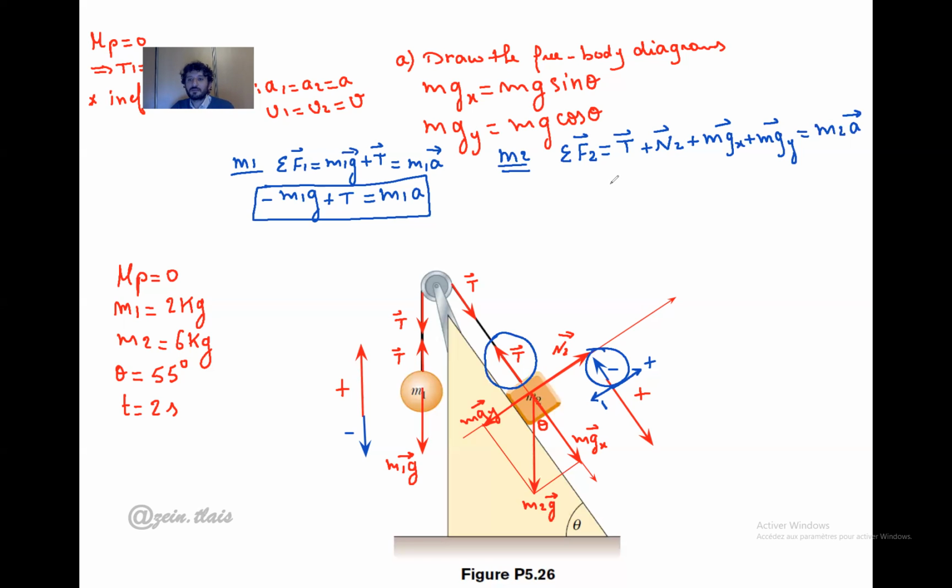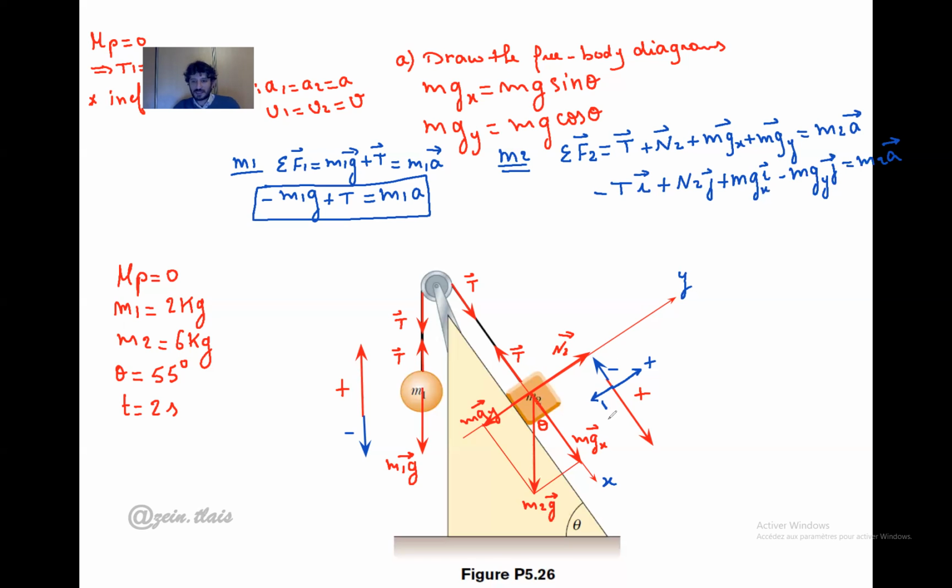So here we can write minus Ti, because here we have X and here we have Y. Okay, N2 in the positive J direction, MGX in the positive direction, MGY in the negative direction, it's down, equals to M2A.